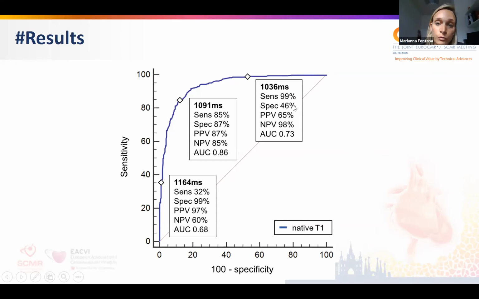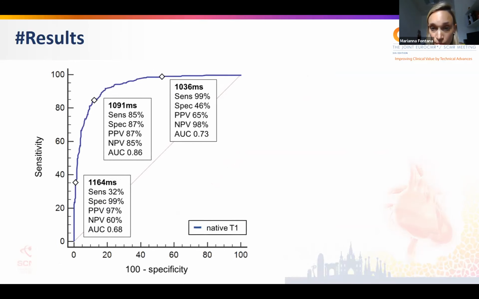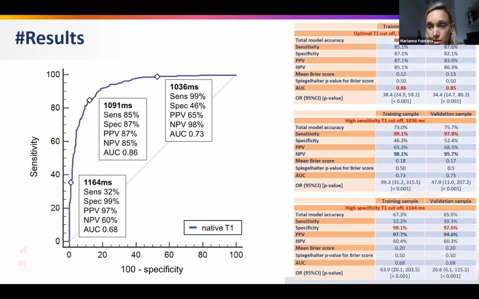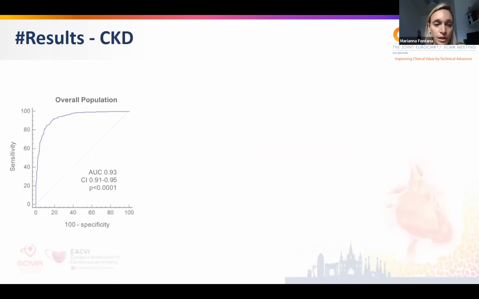So the cutoff with high sensitivity, we would use it to exclude cardiac amyloidosis. So if the patient had a native T1 less than 1,036, there's more than 99% chance it's not amyloidosis. And at the other end of the spectrum, more than 1,164, the chance of this being amyloidosis is more than 99%. These are all kind of the relative cutoffs.